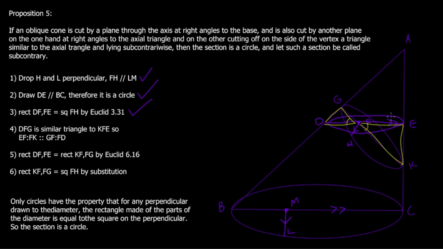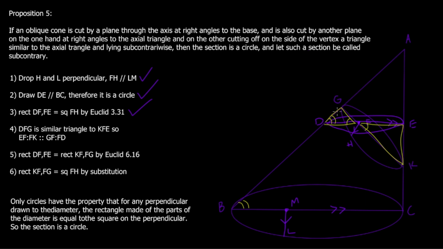So that means that this angle right here is equal to this angle right here. And if you think about the triangle AGK and ABC, the triangle AGK was constructed subcontrary-wise.